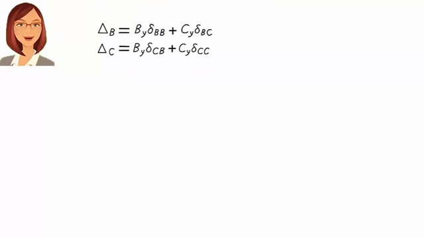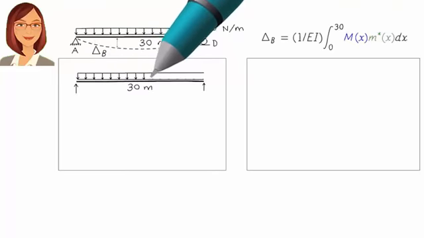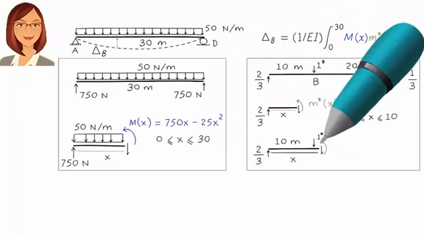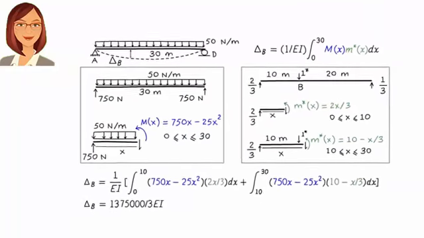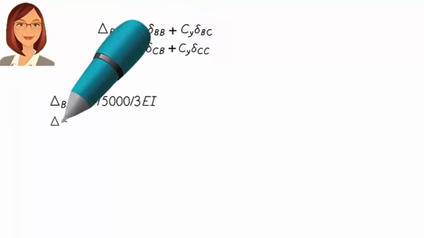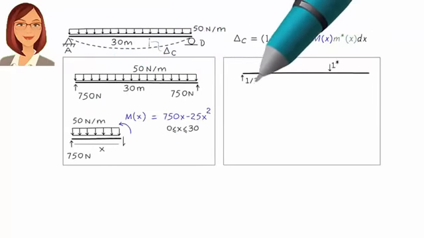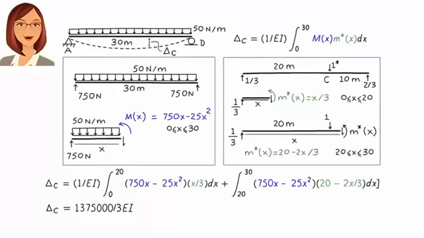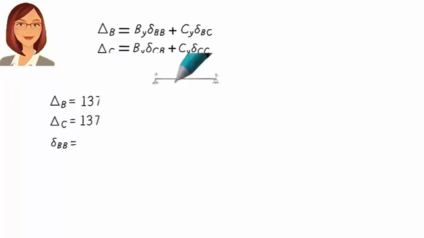First, let's calculate delta B. So delta B equals, now let's compute delta C. Delta C equals, next we calculate delta BB.